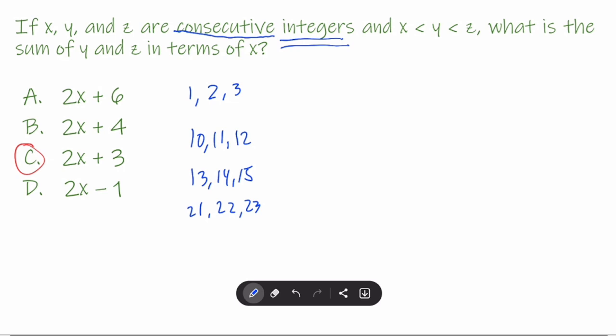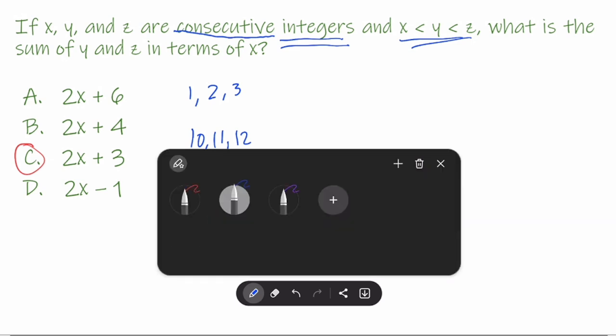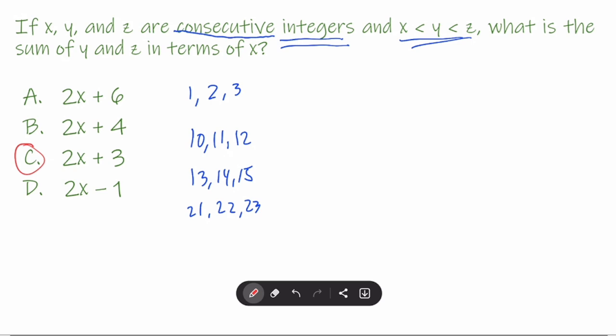Another given is that it says x, y, and z. It's also important to mention this so that we're going to have only one answer, because without that, you can interchange them. Let's say you want 1 to be x, y, and z, or you can make the 1 as z, then 2 as x, and then 3 as y.